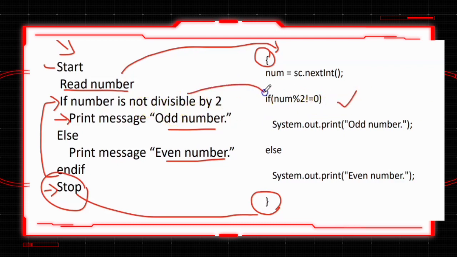So this one is for the condition. If true means print message odd number. Use System.out.print odd number. Else, print message even number. So System.out.print even number.